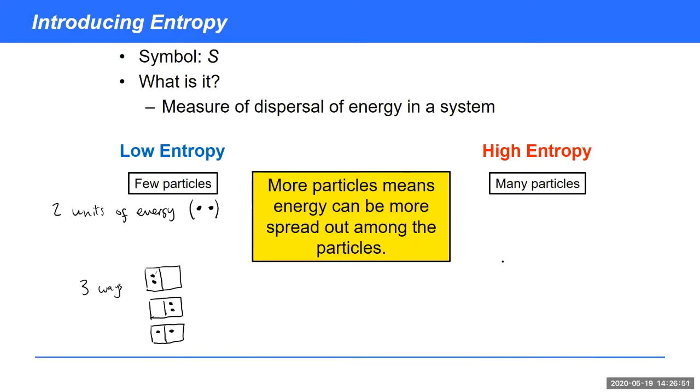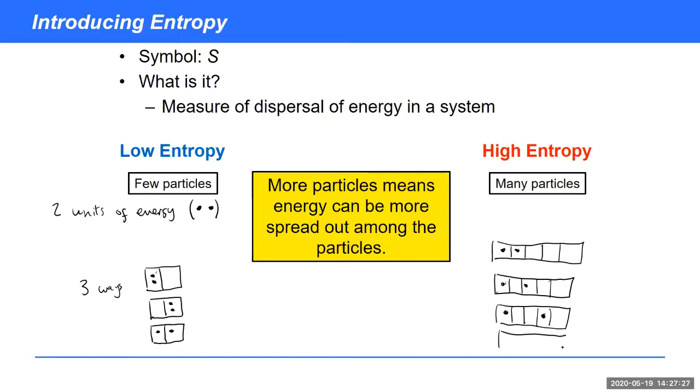Now let's say I increase the number of particles, and now I give myself 5 particles. I've still got 2 units of energy. I can give the first one a unit of energy, and I can give the second one a unit of energy. Or I could go for a unit of energy to the first and the third. Or I could go for the first and the fourth.